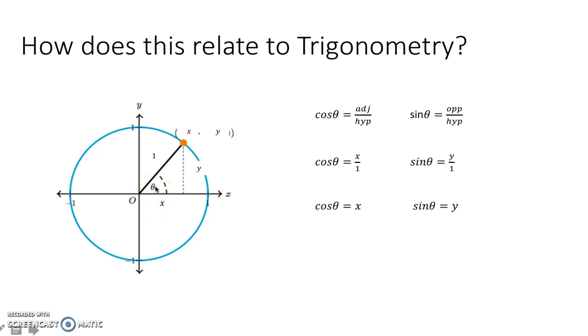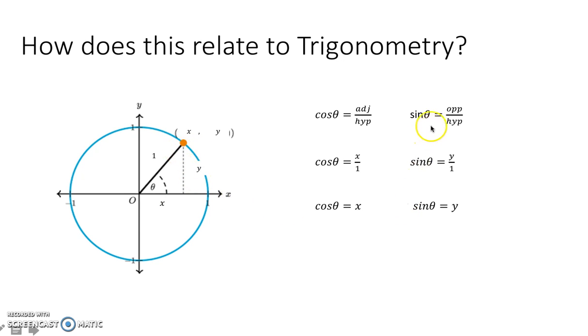So cos theta is adjacent over hypotenuse, which would be x over 1. X divided by 1 is just x. So what we have found out on the unit circle is that this distance for x is equivalent to cos of that angle. Or I guess you could think of it as cos of that angle is the name we have given to representing that x coordinate.